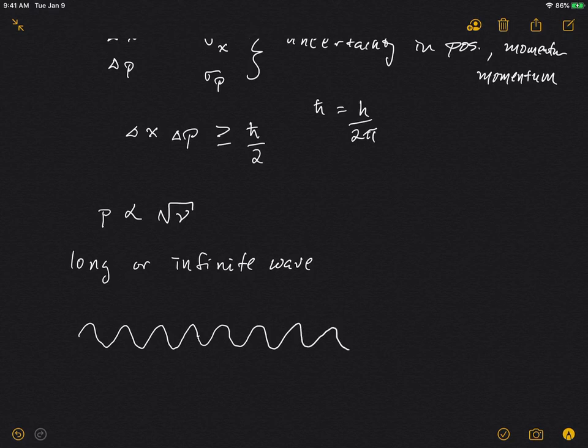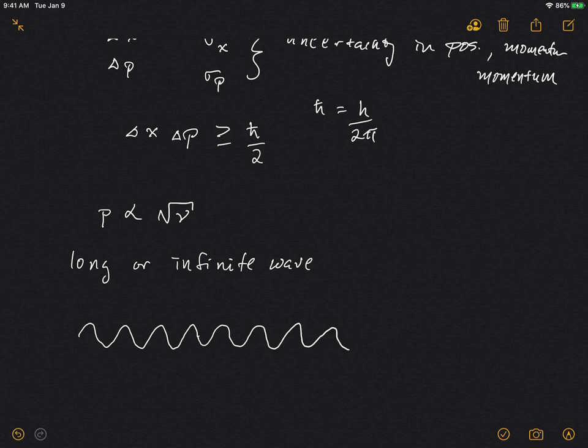That's a little bit more uniform. So this is going to have a well-defined frequency. How do you define the frequency? Well, basically, you count the number of crests or troughs or the number of cycles over a certain period of time.